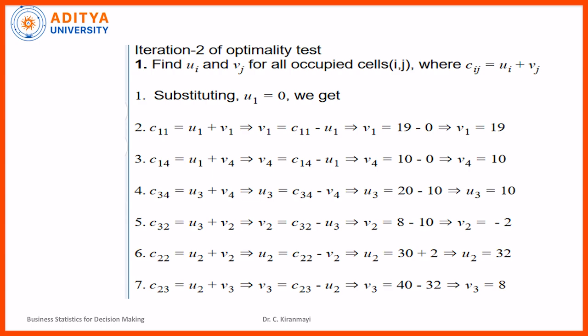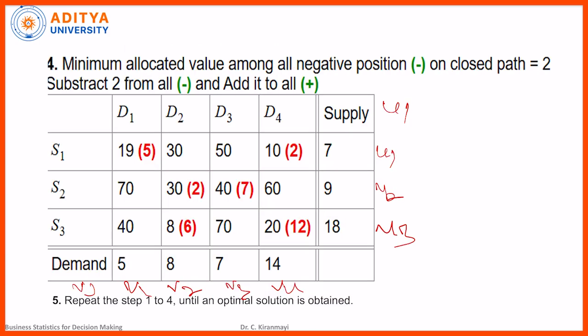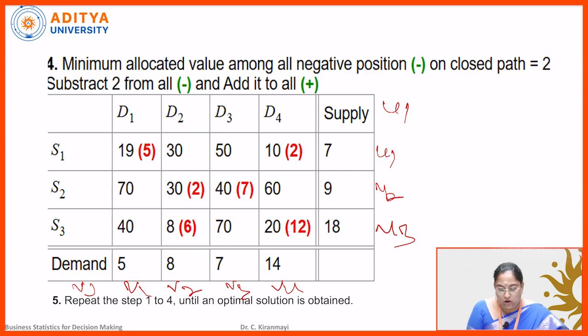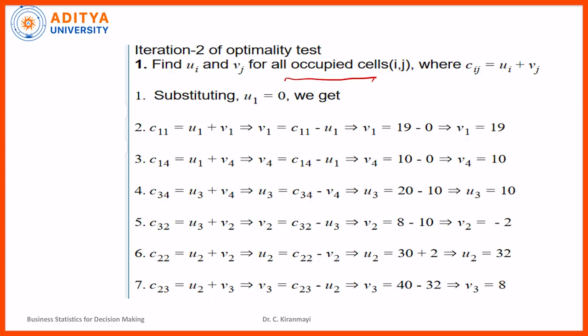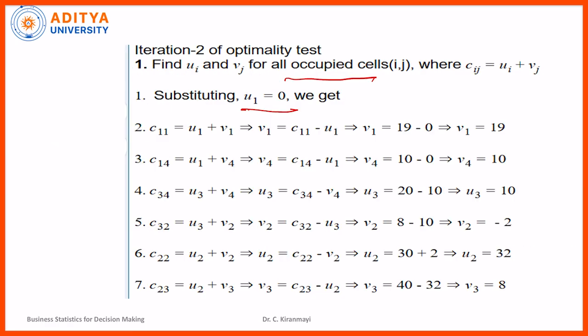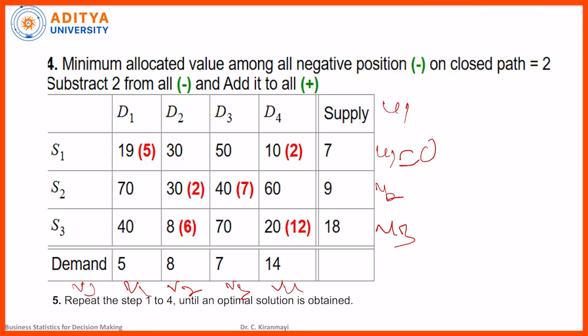Remember that we compute ui vj values only using occupied cells, so select any occupied cell. C11 is occupied, you can select that one. If we consider C11 and take u1 as 0, then the v1 value is going to be 19. Like this, compute ui vj values using all occupied cells.